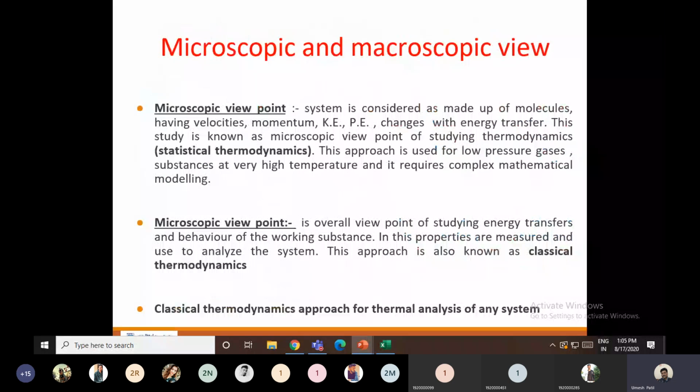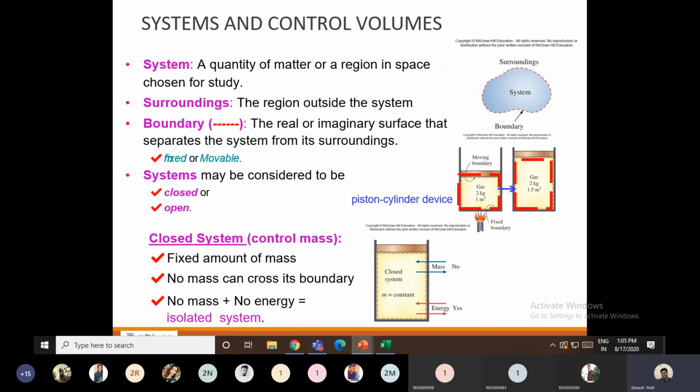So onwards, whatever we are going to learn or analyze by using thermodynamics will be based on classical thermodynamics. We are only going to measure the properties of the system, and on the basis of those properties we are going to analyze the different energy transfers taking place in different thermal devices.